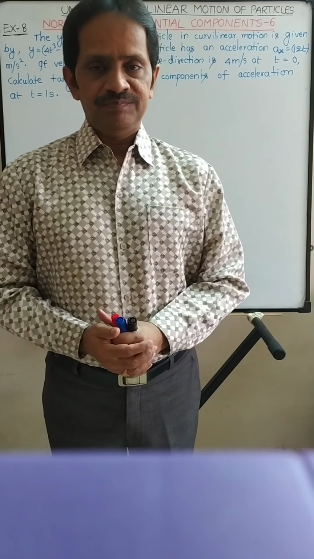Now, also given ax is equal to 12t. Say this is equation 4. Now, ax is equal to dvx by dt, which is equal to 12t.